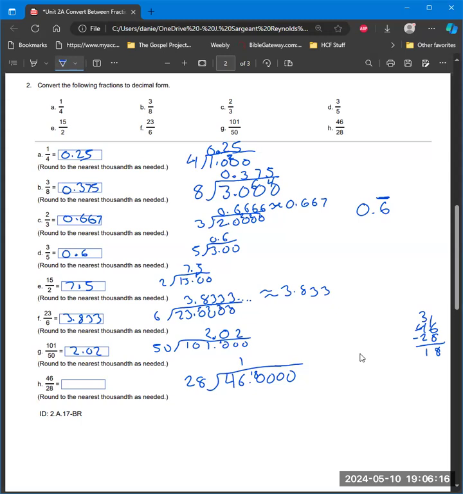And then 7's too big, so let's use 6. That's going to be 48. 12 and 4 is 16. So 180 minus 168 is 12.